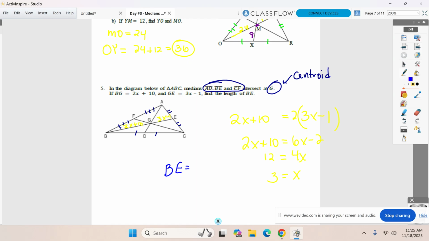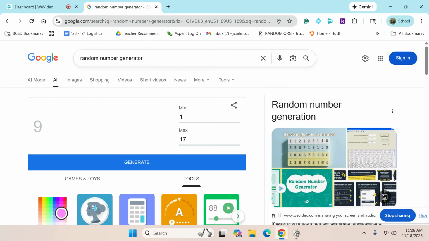You should get x equals 3, so you know you're on the right track, but I am looking for the length of the entire median there, BE. Okay, BE when you have it.